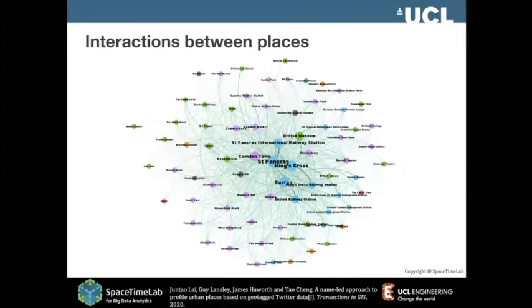Another piece of work links them up using lane networks. This shows, for example, where King's Cross has been mentioned in different places, which places mention it, not the lane. That's what it shows.